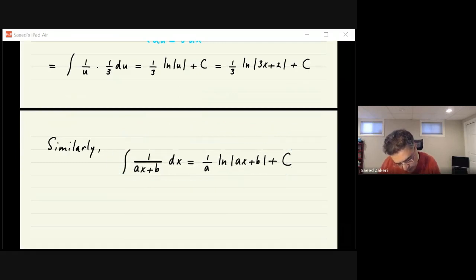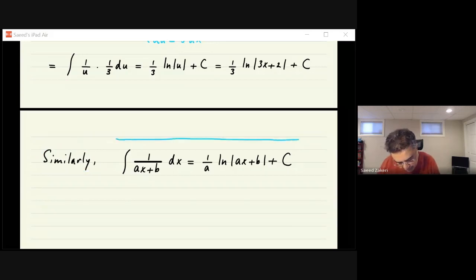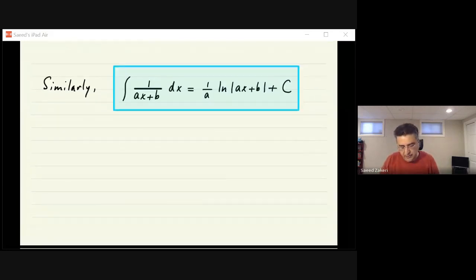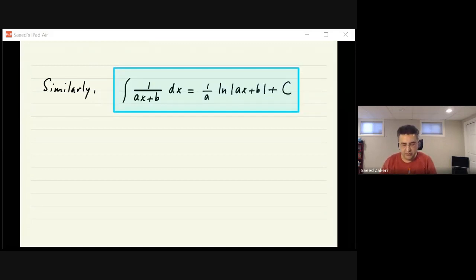So I want you to observe how simple this case is. And this case will be a sort of stepping stone in dealing with more complicated cases of rational functions. So is everybody happy with this?